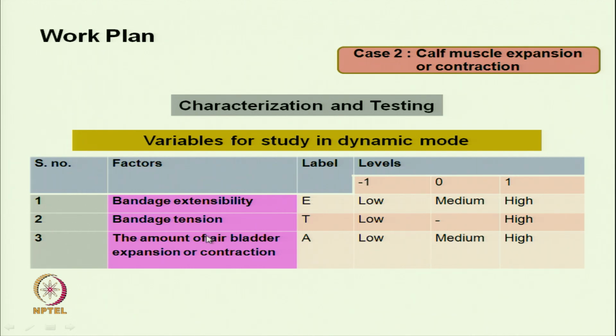Bandage tension we have kept at 2 levels, low and high, that means T minus 1 and T plus 1. E minus 1 means bandage with low extensibility, E 0 bandage with medium extensibility, E 1 bandage with high extensibility. Similarly, for the amount of air bladder expansion and contraction, we have taken 3 different levels.